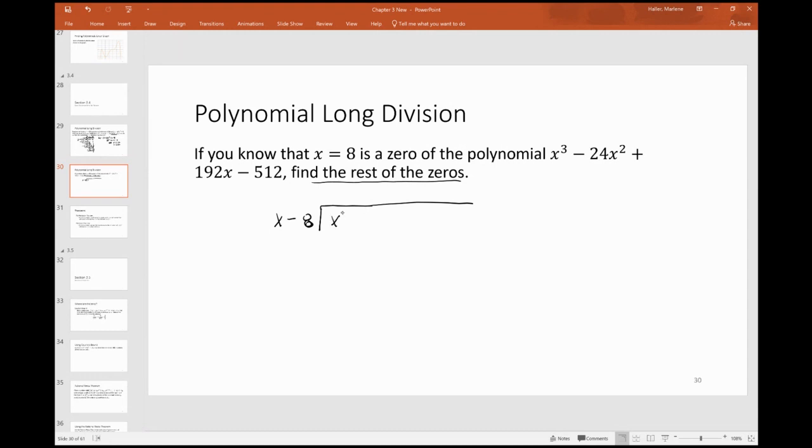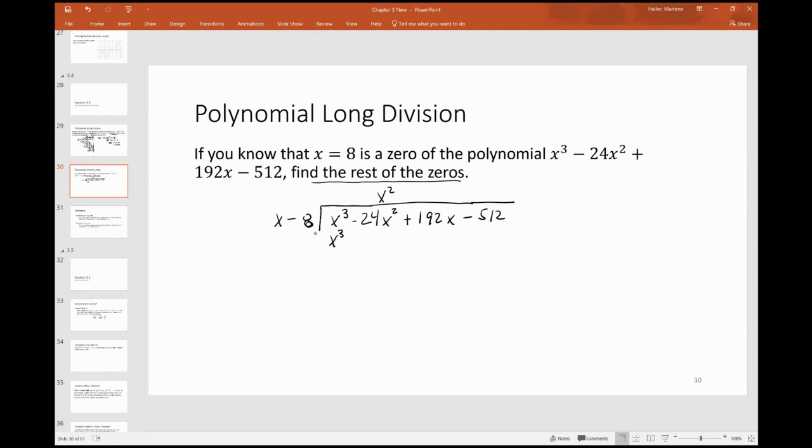All right, so we're dividing x cubed minus 24x squared plus 192x minus 512 by x minus 8. x goes into x cubed x squared times, put that x squared up there, multiply it back out.